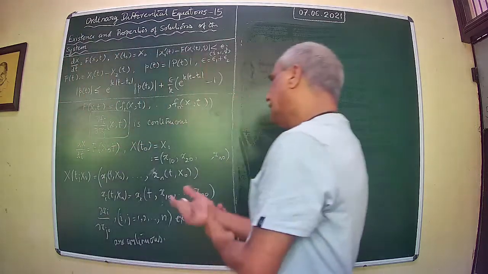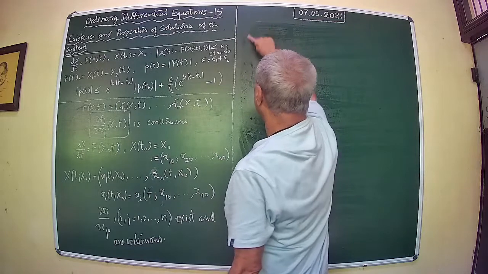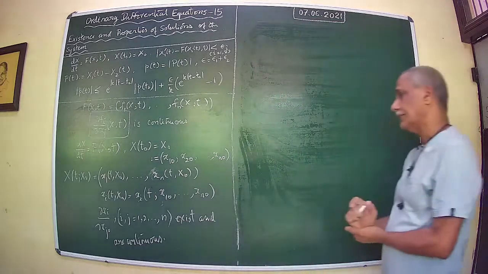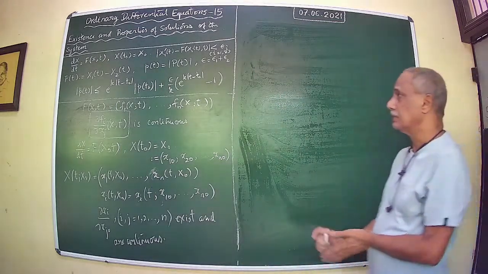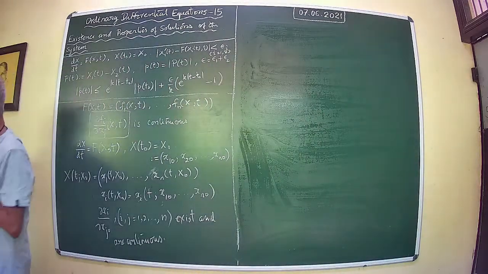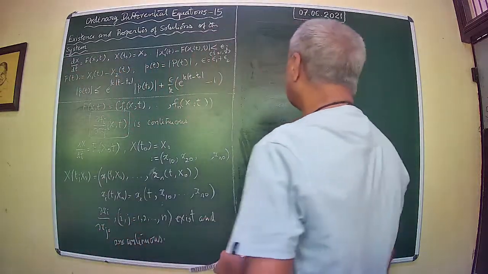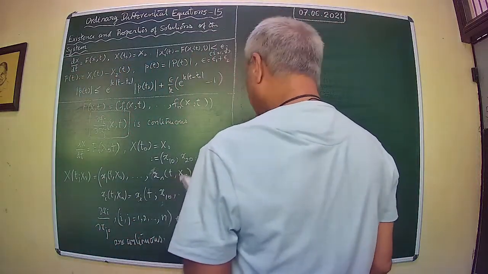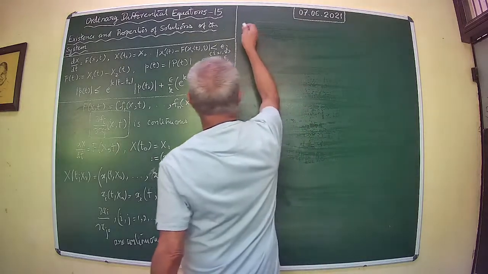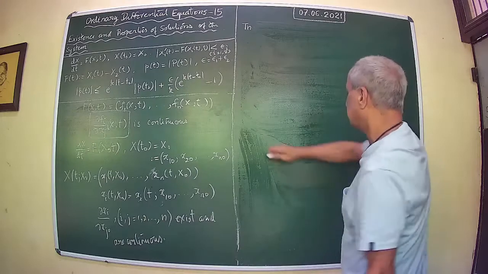One additional result that you can prove here, which we have not done in the other case, is that suppose there are some parameters in the equation. I'll just describe what it is.